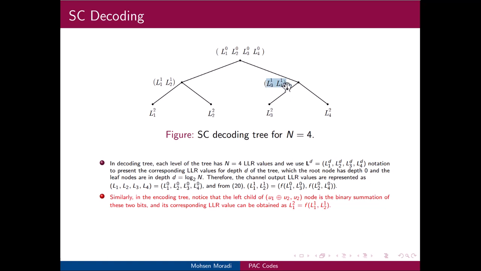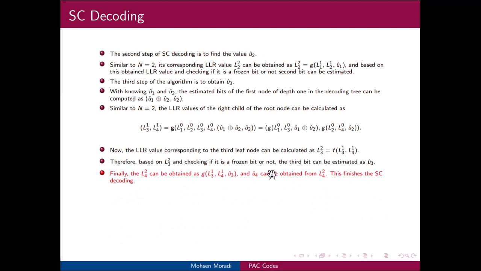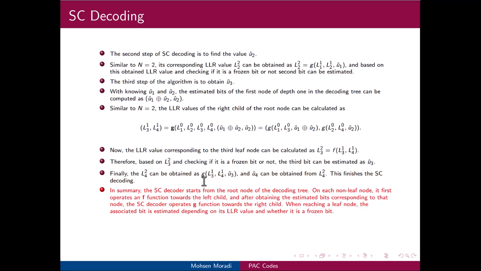We need only the LLRs, and we find this LLR, and we look at it for frozen or not. If it is not frozen, we take a look at its sign and we obtain an estimate of U3. And then for its right branch to estimate U4, we need these two LLRs that we have in our memory now, and also the estimate of U3, to obtain the output of this G function.